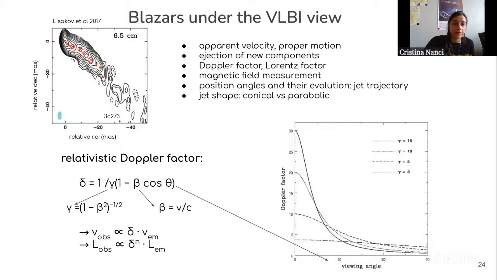And by the study of the evolution of these components, we can measure different parameters. I have no time to go in detail on how we use the study of the components to retrieve all these parameters. But we have to keep in mind that the motion of the components is also affected by the relativistic velocity and the small viewing angle that lead us to observe high Doppler factors. And this means boosted emission.